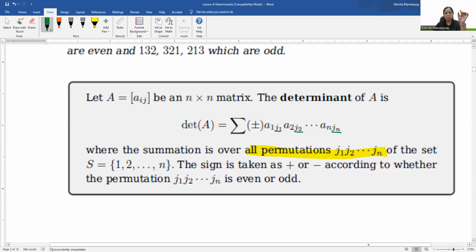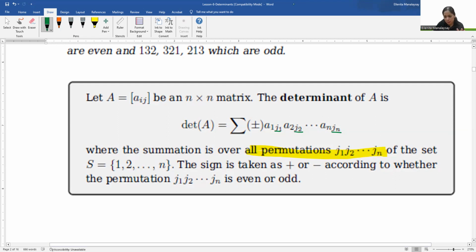So just take an element from the first row, and then you take an element from the second row, but from a different column. Then take an element from the third row, from another column different from the ones taken on the first two elements. And then up until the last row, then you take from different columns.